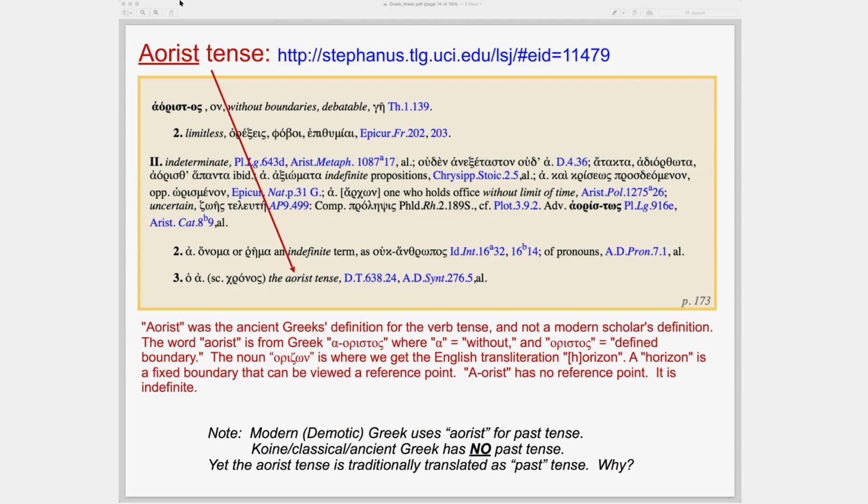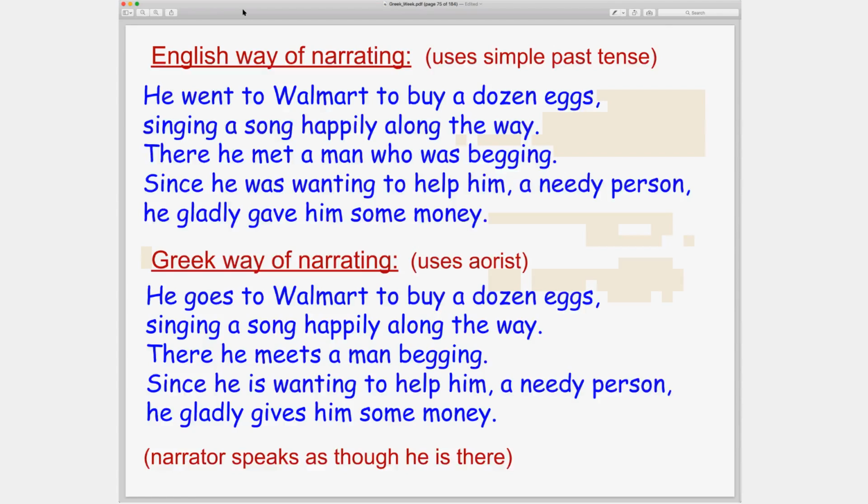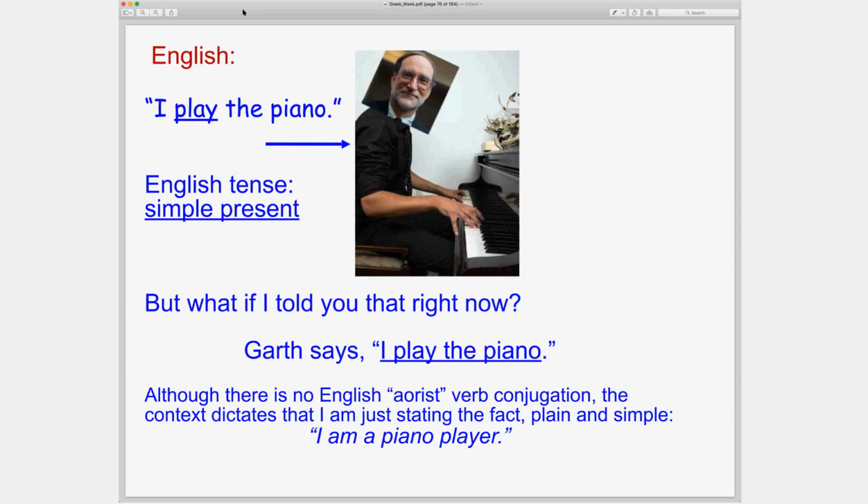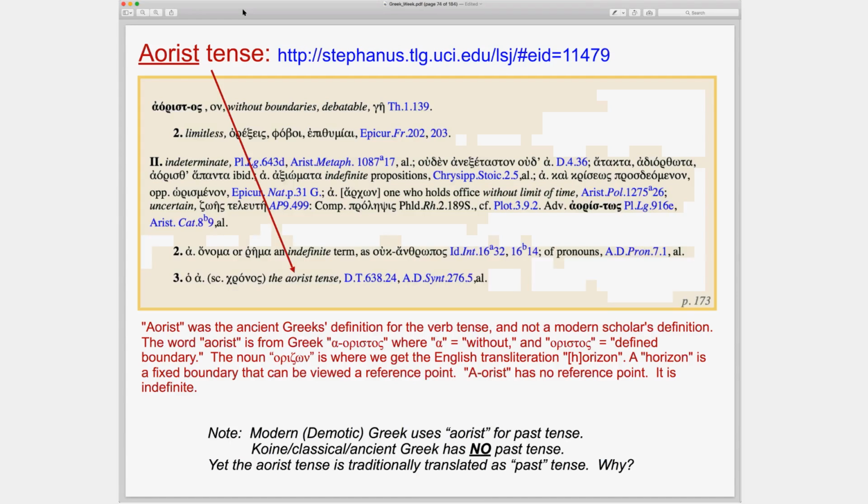As we saw from my example, here I play the piano. That's not past, it's not present, it's not future. I'm not saying that I played the piano in the past, or that I will in the future, or that I'm doing it now. I'm saying I play the piano as a matter of fact. And that is how the aorist tense is defined.